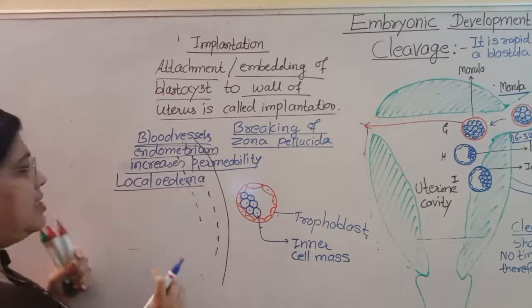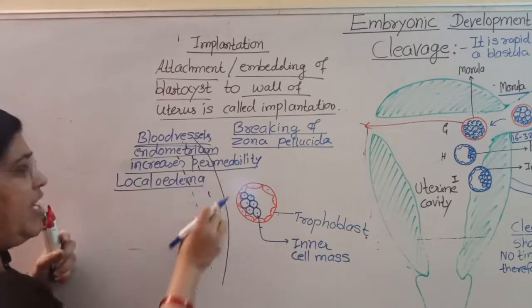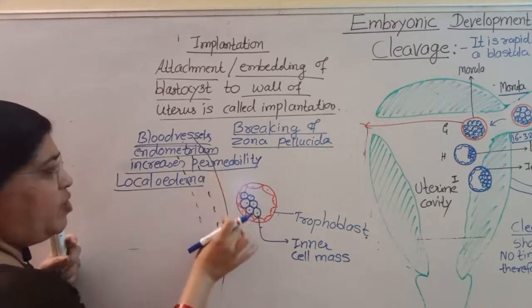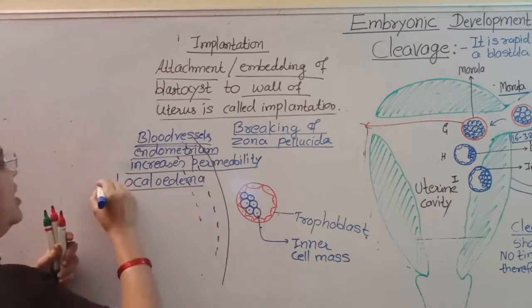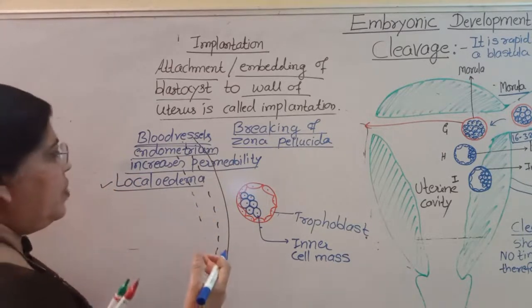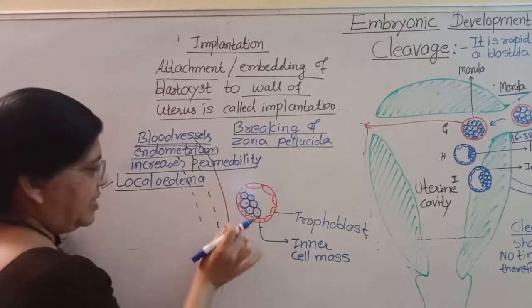Local edema means there is a slight swelling of the endometrium. It is called local because this swelling takes place at one site, at one place.